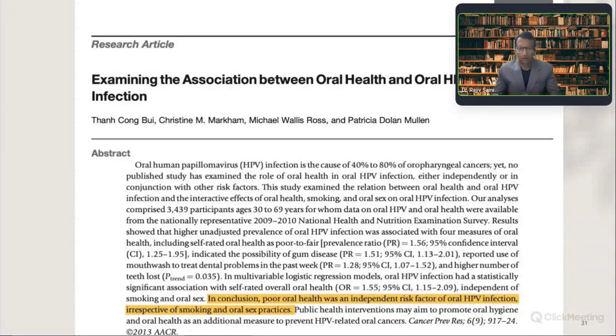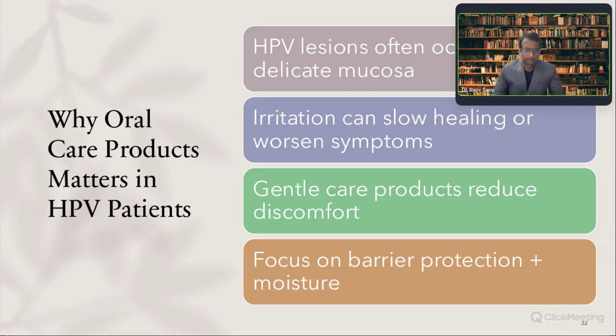So we cannot rule out oral hygiene. The oral health of a person, the oral microbiome, and oral mucosal immunity all play a very critical role in HPV infection transmission.